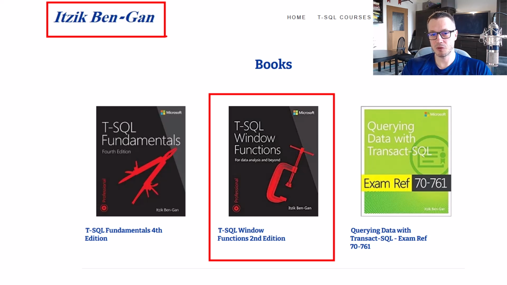I know this book was written with T-SQL, Transact-SQL, in mind, which is used by Microsoft SQL databases. But the concepts described in this book are quite universal. So if you would like to learn more about window functions, take a look at this book.